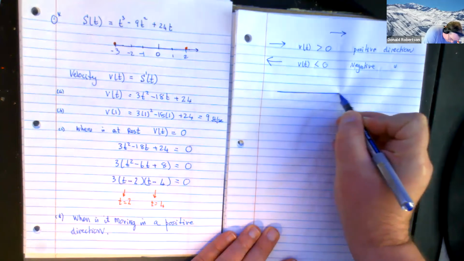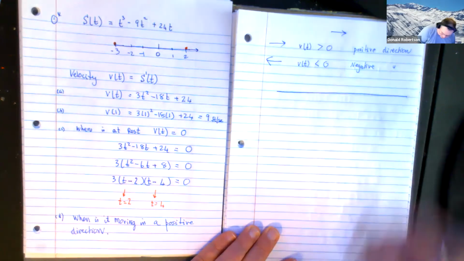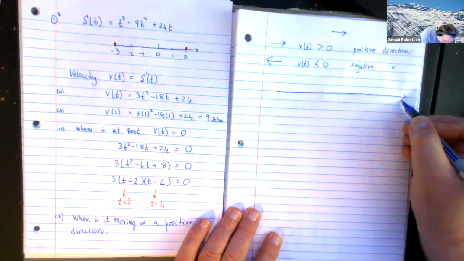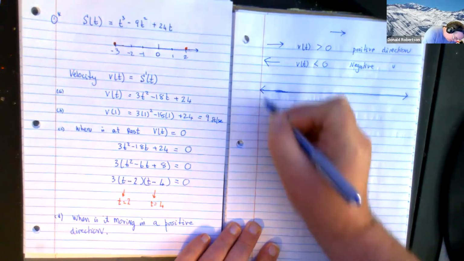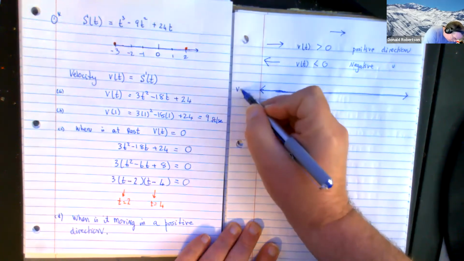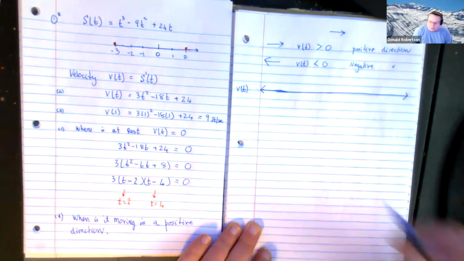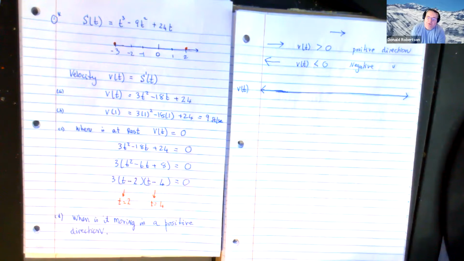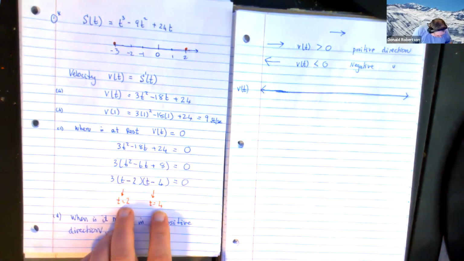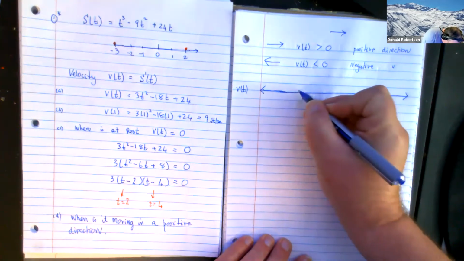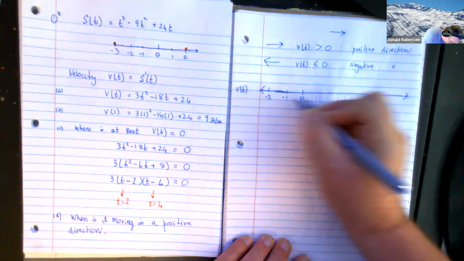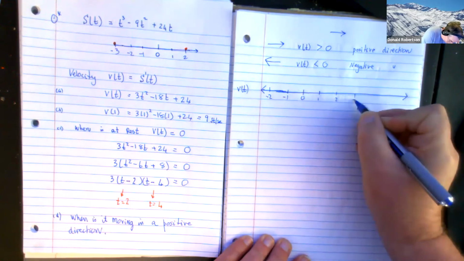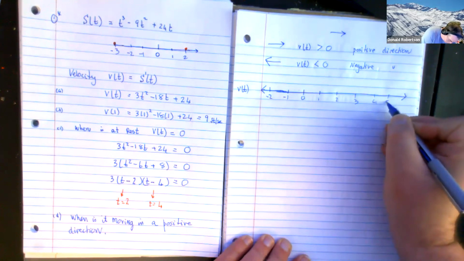So the way you do that, although there are different ways to do it, this is the way I do it, is you create a number line. And on this number line, you're going to put the velocity. Now, you're not going to put the number, you're only going to put if it's positive or negative. Now, the 2 places where it's stationary are important. So let's put 0 here. There's -1, there's -2, there's 1, there's 2, there's 3, there's 4, there's 5.